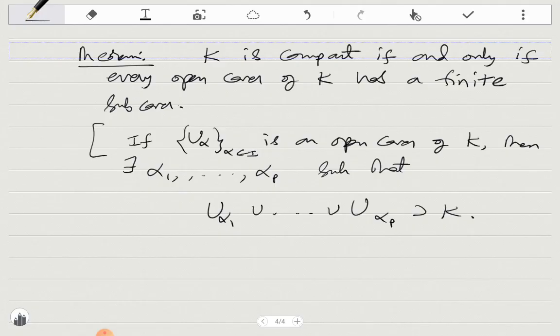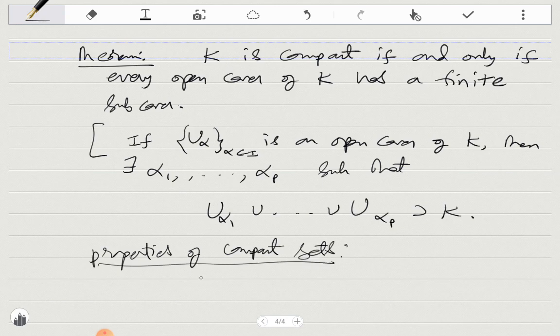Now, for now, I won't mention this, instead of which I'll list some properties of compact sets. There are many, but the trivial properties are the following.